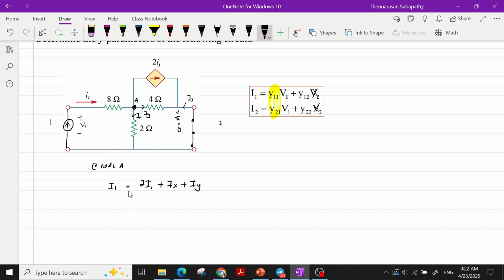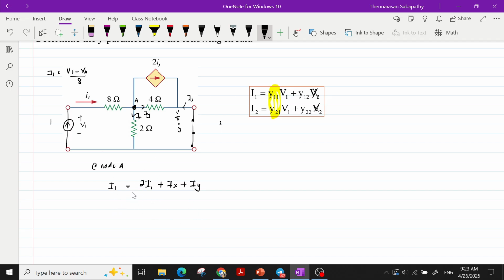So I just write what I1 is. I1 equals V1 minus VA over 8I1 here, which can be defined like this, and we simplify the equation.